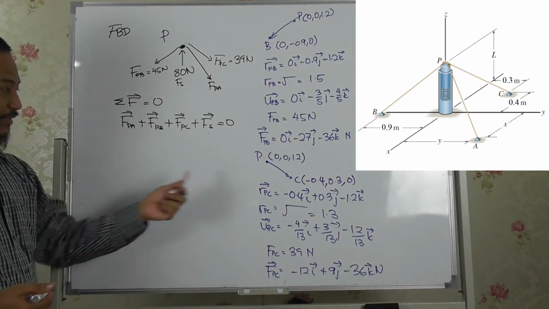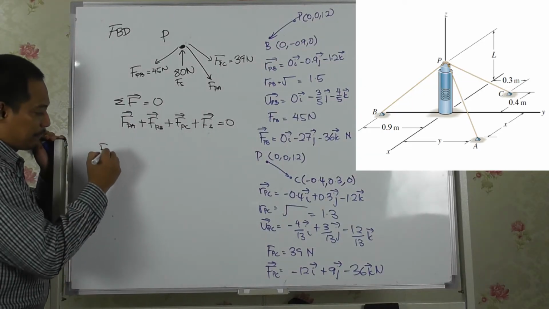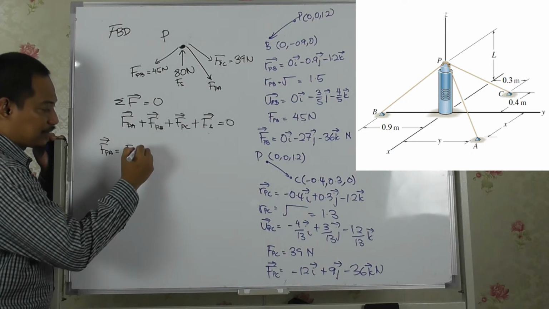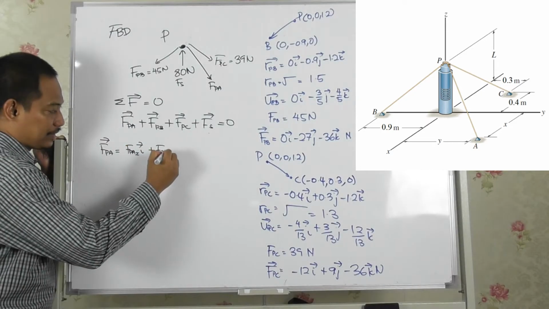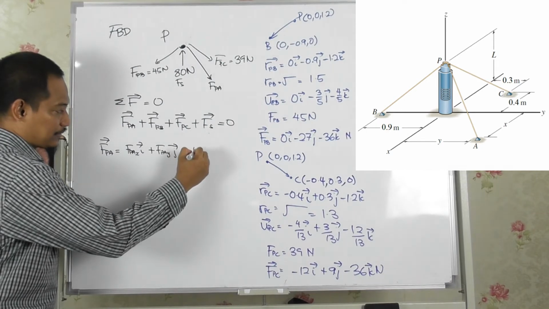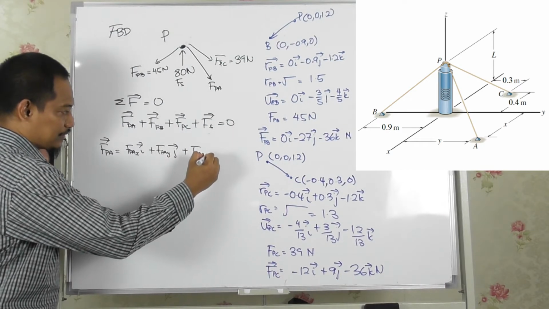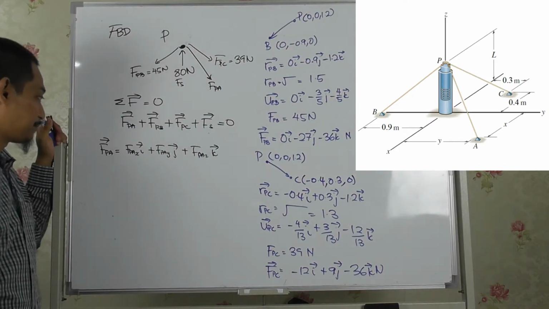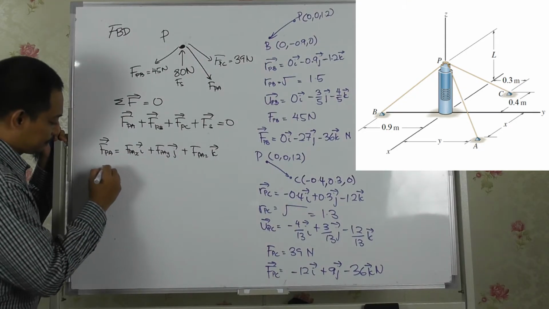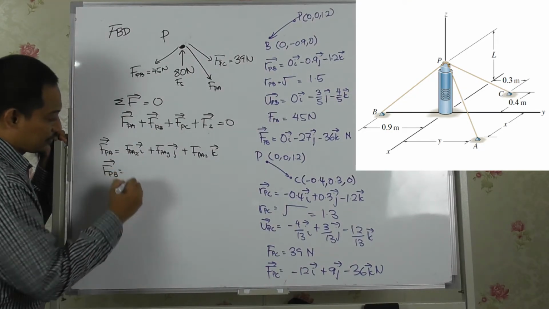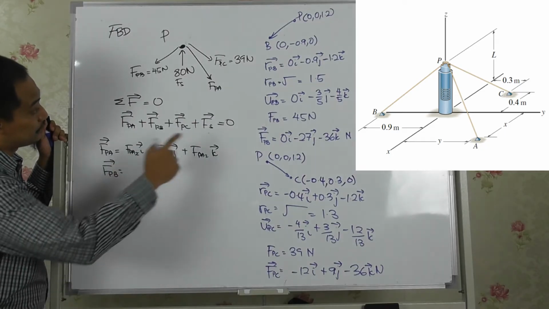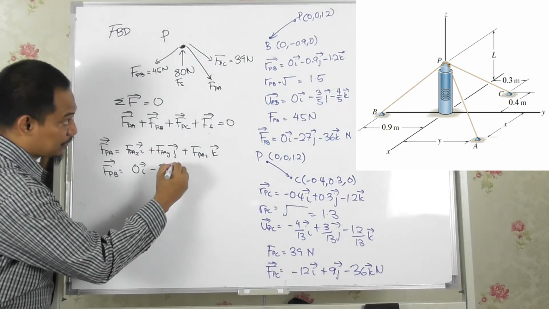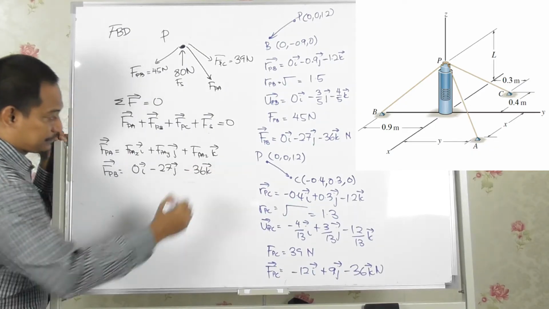Okay, so if we rewrite everything here, FPA we'll just write as FPAx i plus FPAy j plus FPAz k, meaning that this is just 3 unknowns. That is what we want to find, right? And then FPB is 0i minus 27j minus 36k.